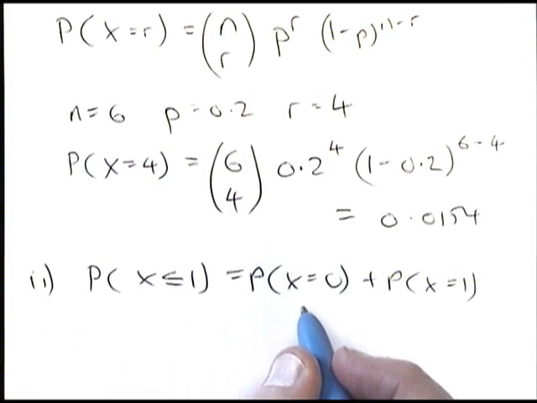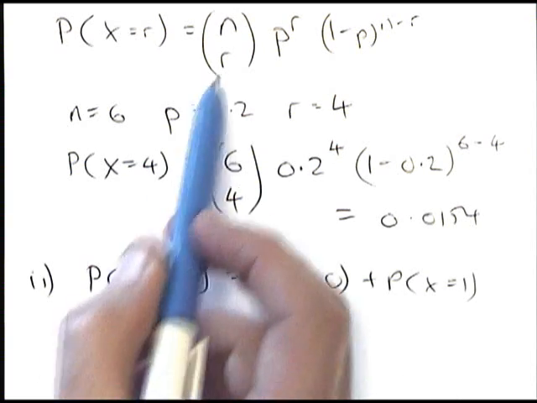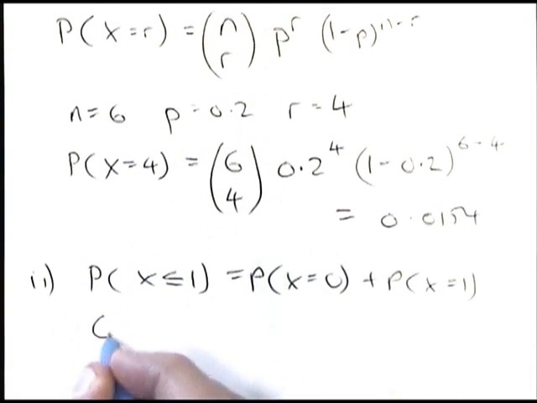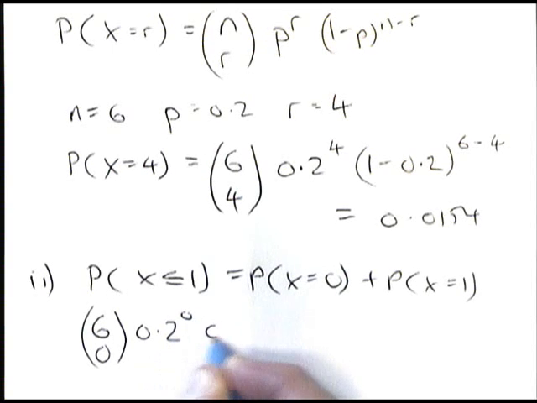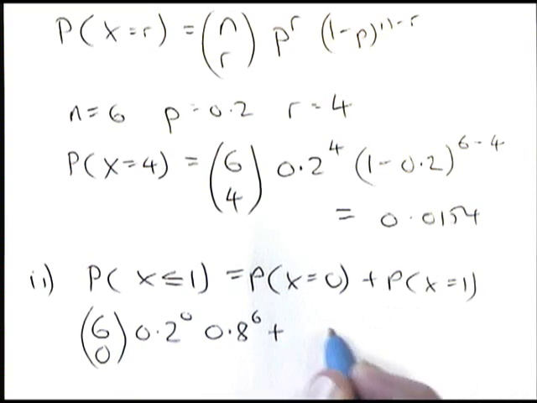So first of all, the probability X is 0, using the formula up here, is n choose 0, p to the power of 0, (1 minus p) to the power of 6 minus 0. Then over here I've got to add this one on.